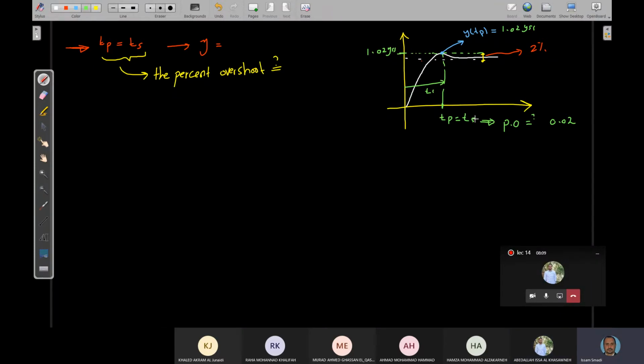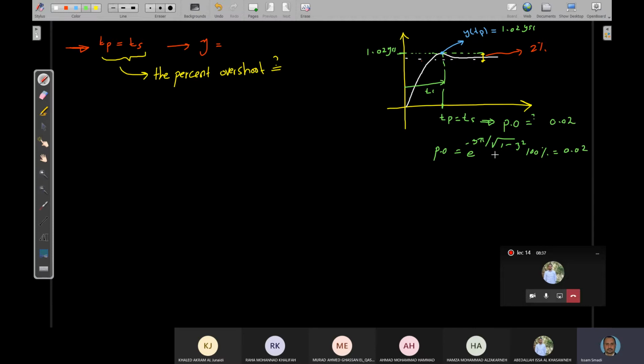So simply from here, I can say that the percent overshoot equals exponential of minus zeta pi over square root of 1 minus zeta squared, multiplied by 100%, and this is equal to 0.02.